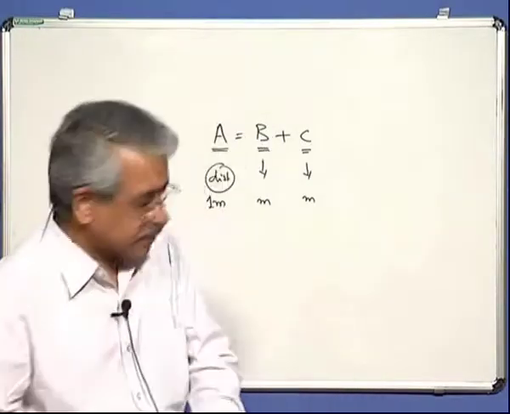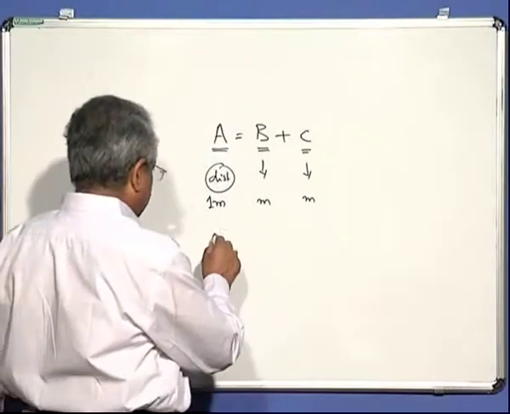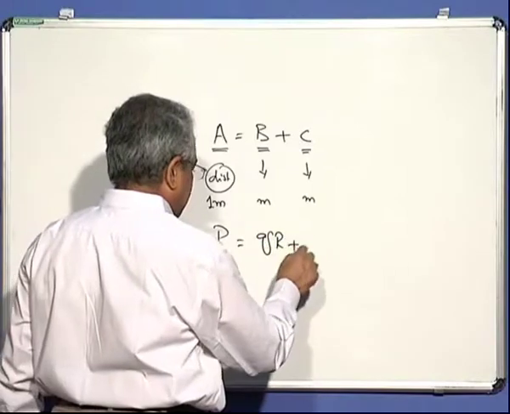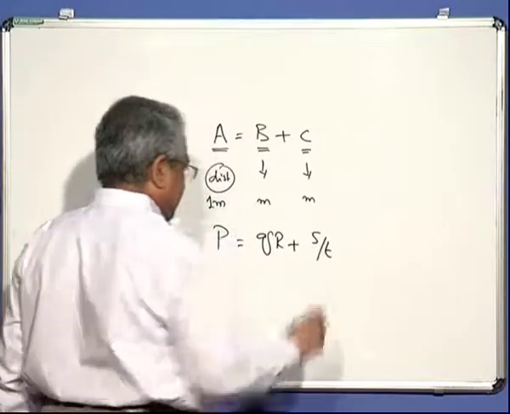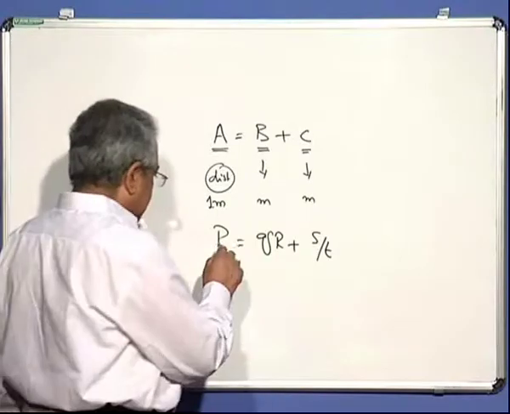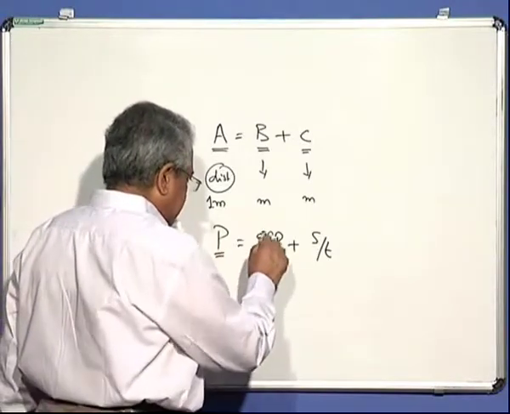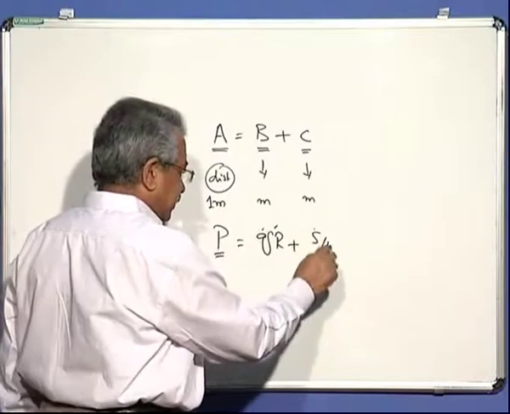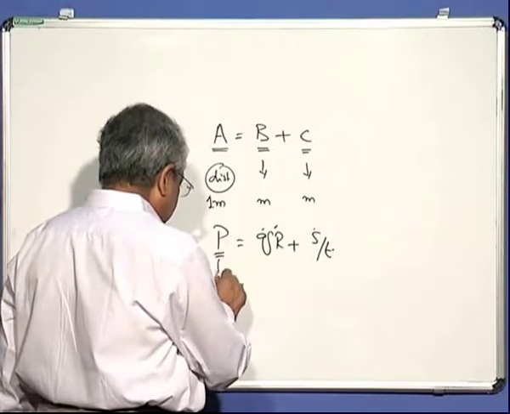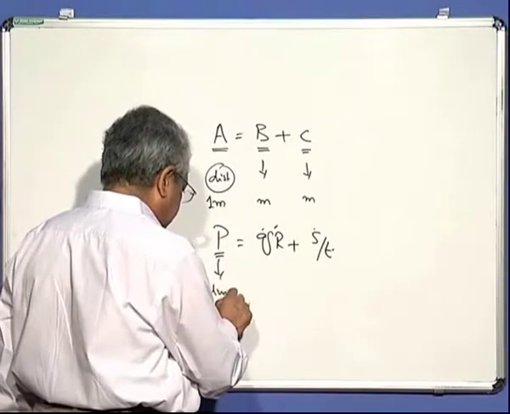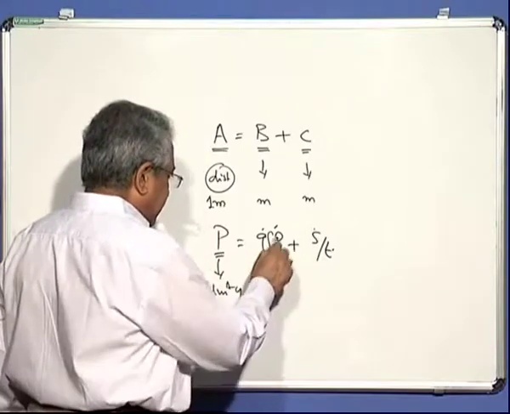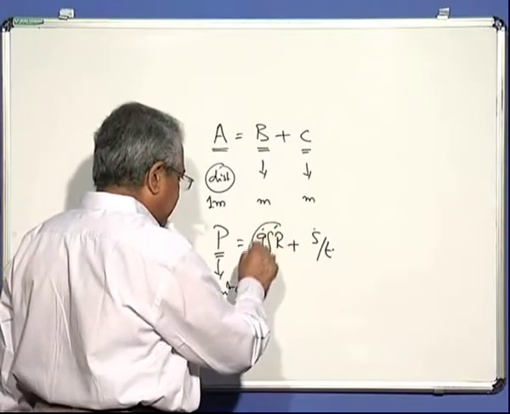Further, you will see another example. Suppose there is some physical quantity P is equal to Q into R plus S by T. Whatever they are, they are physical quantities. Here, whatever be the units of P, look at the units of Q and R together when they are multiplied.